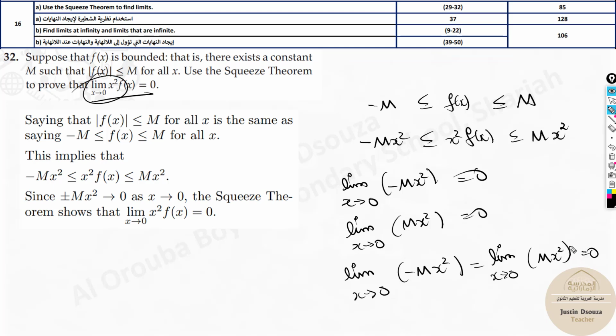So now what do we write? From squeeze theorem, the limit at x, whatever is given over here, is equal to 0. This must be written, but just write from squeeze theorem. Why? Because this is the lower function, this is the greater function, and we found it out. So from squeeze theorem it is proved. Just write from squeeze theorem and this statement, whatever is given in the question, that is basically proved. I hope this is clear.